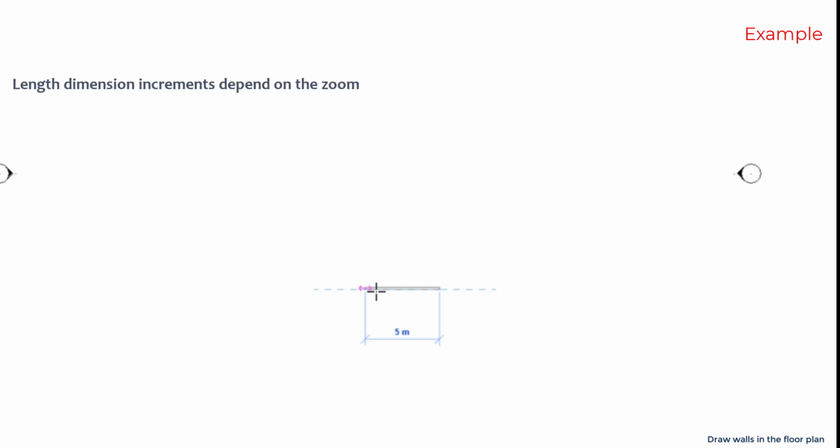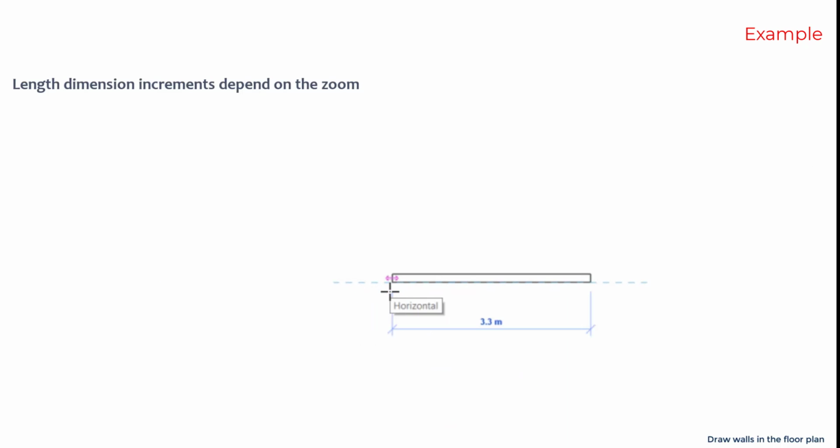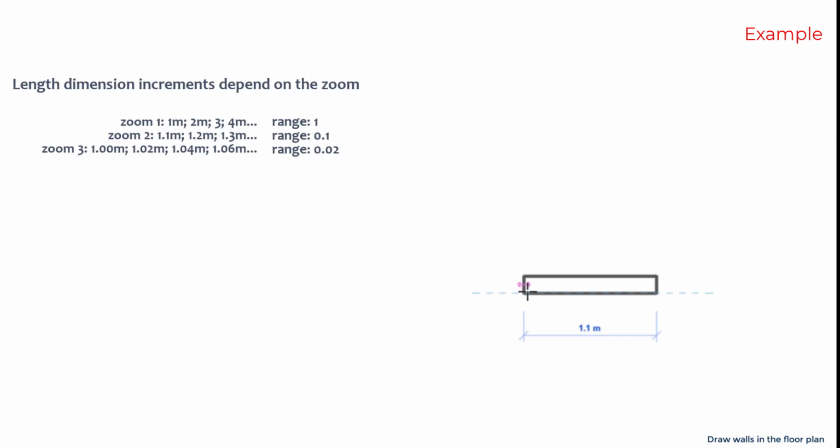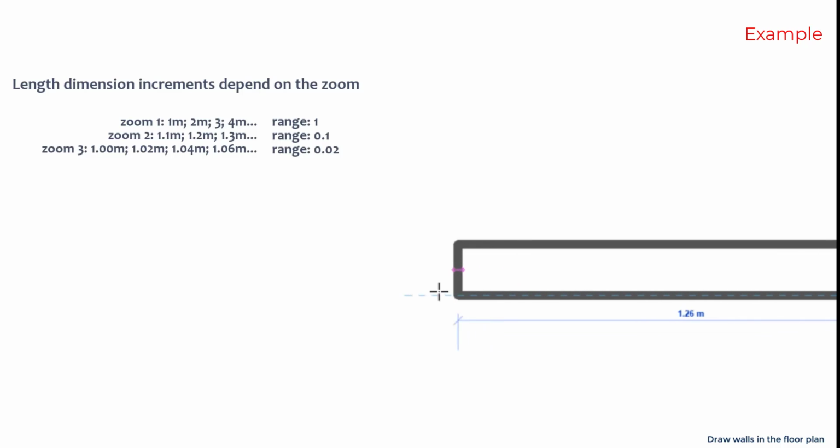For example, now this line measures exactly 5 meters. Then let's continue. I zoom in a little bit more, and at this moment the values change in a smaller range, this time in intervals of 0.1 between each measurement. If you zoom a bit more, now the values are even closer to each other. They are only snapping every 0.02 meters.